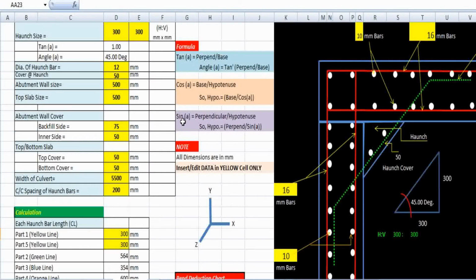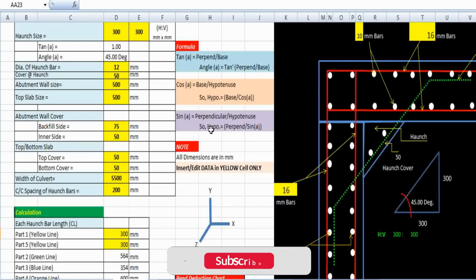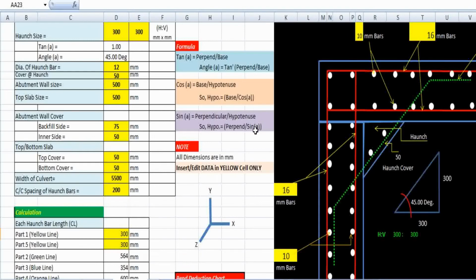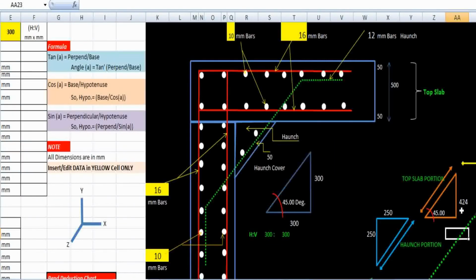As we know, sine theta equals perpendicular over hypotenuse. So hypotenuse equals perpendicular divided by sine theta, where the angle is sine 45 degrees. So hypotenuse equals perpendicular, we have the value of 424, and the sine 45 degree value we just have to calculate.